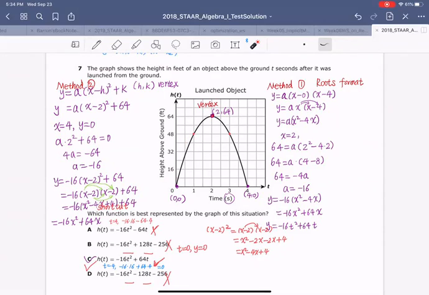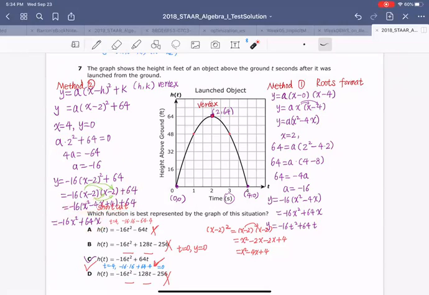You would do that equation and then solve for a, and then you would substitute the a back into the other equation, and then you would take apart the x minus 2 squared, and then you would just multiply it. Yes. And then you can simplify it back to this, right?